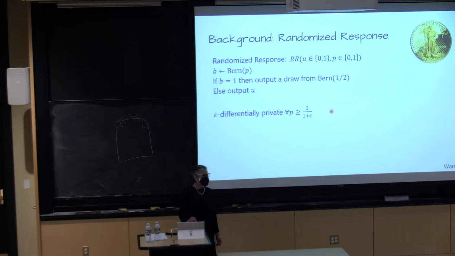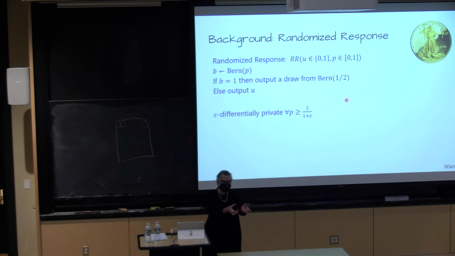And a very, very simple case analysis shows that this will give epsilon differential privacy if the probability of answering randomly is large enough, at least 2 over 1 plus epsilon. And notice that here we're assuming that the respondent can actually carry out this computation and then just hand the results to the data collector with no anonymity.